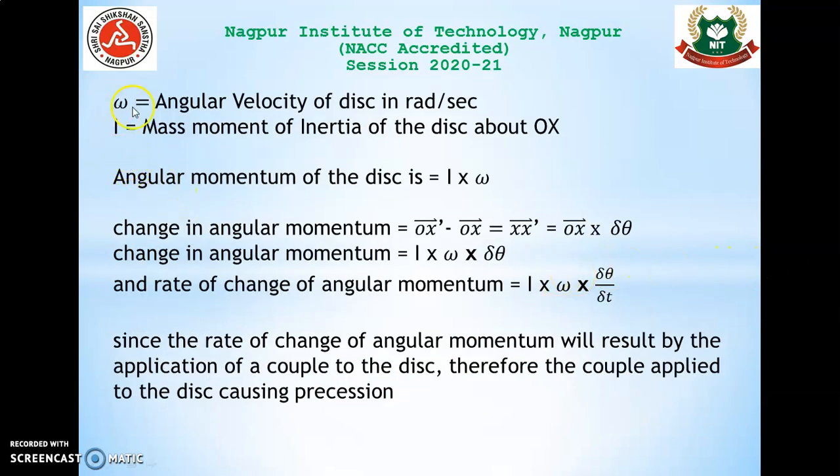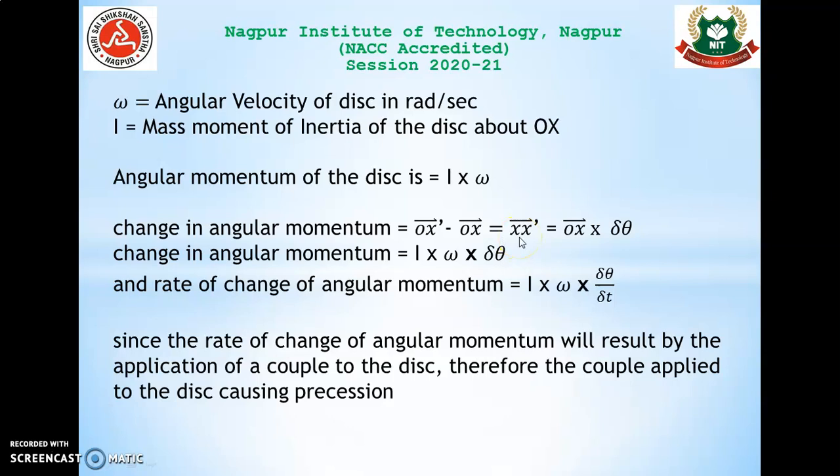We know that omega is the angular velocity of the disk and I is the mass moment of inertia of the disk. So, the angular momentum of the disk is I into omega. Now, if there is a change in angular momentum, the final momentum minus initial momentum will give the change in angular momentum. So, vector OX dash minus vector OX is equal to vector XX dash.